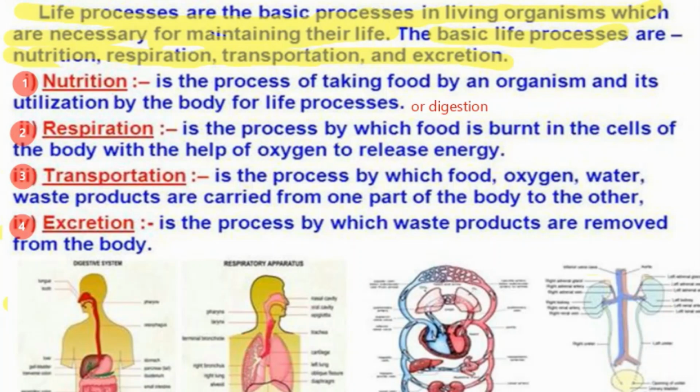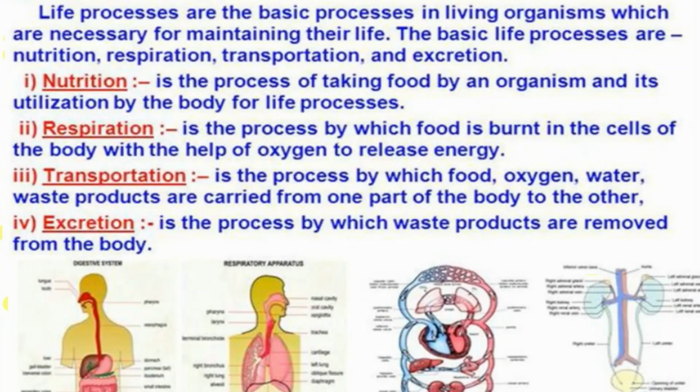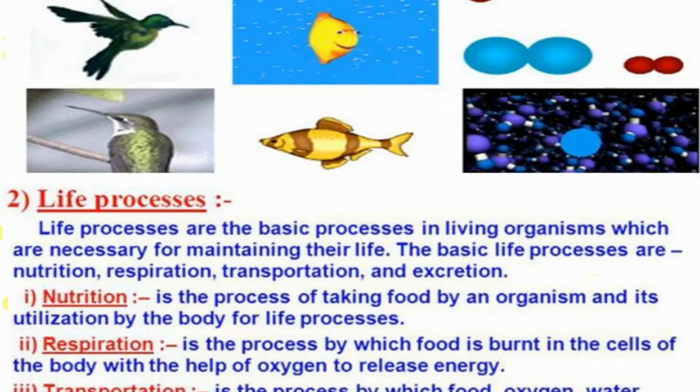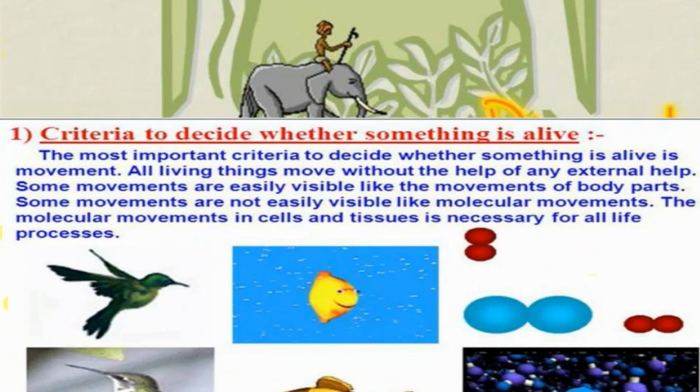So this is all about the first page of your book. Once again, I would like to summarize. First of all, we talked about the differences between living and non-living. Whatever criteria we have read earlier, that is movement, growth, response to stimuli, all of this is correct.